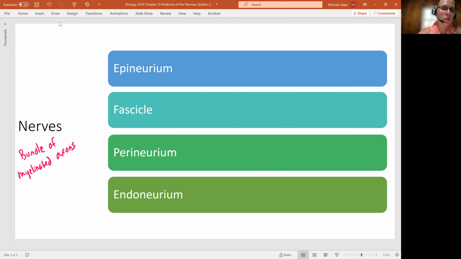So we have 3 layers of connective tissue: the epineurium, the perineurium, and the endoneurium. Here our epineurium is the outermost connective tissue.